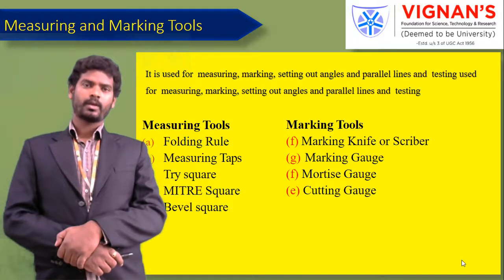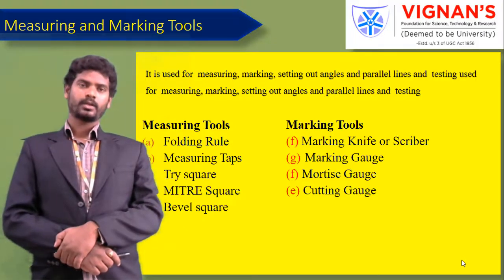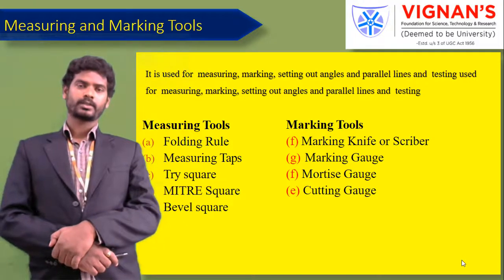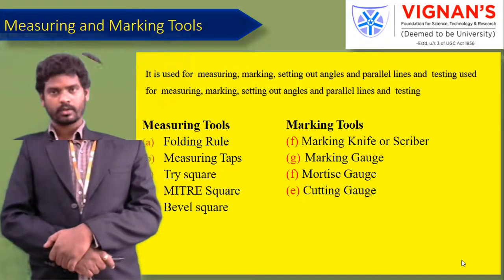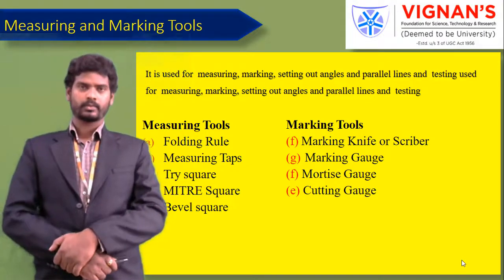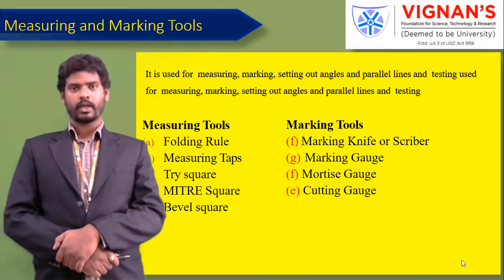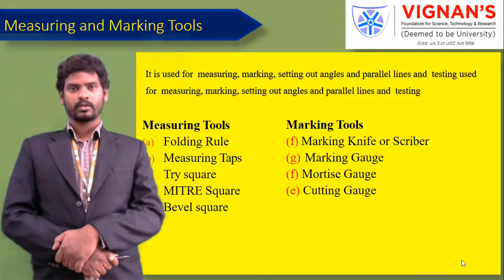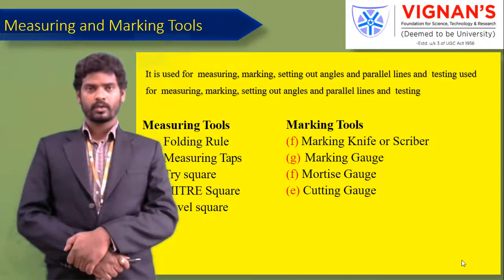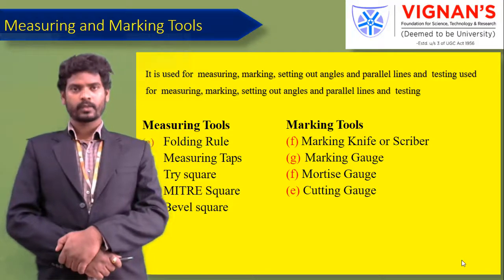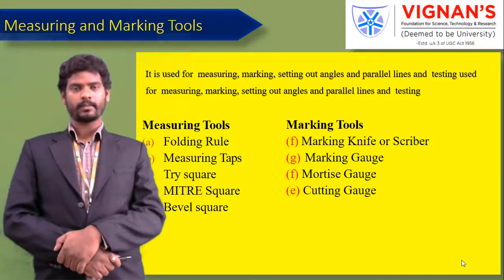What is the basic difference between the measuring and marking tool? Measuring means to know the unknown length. For that purpose, we use some devices, and those devices are nothing but measuring tools. Marking means cutting an unknown amount of material from the base material.